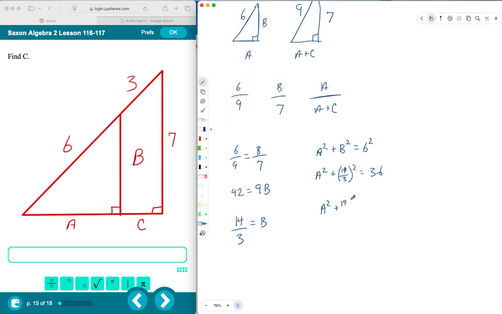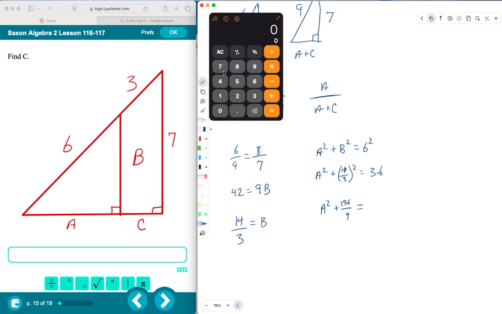So 196 over 9 is equal to, and I'm going to put this over 9, 36 times 9, that's going to be 324 over 9. For A squared, I'm going to subtract this fraction from both sides, 324 minus 196 is 128 over 9.